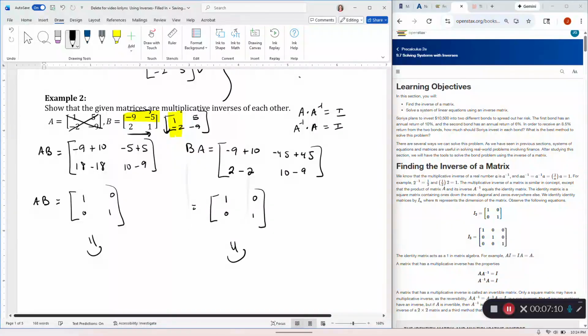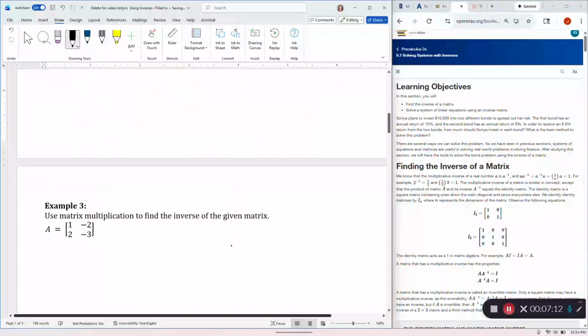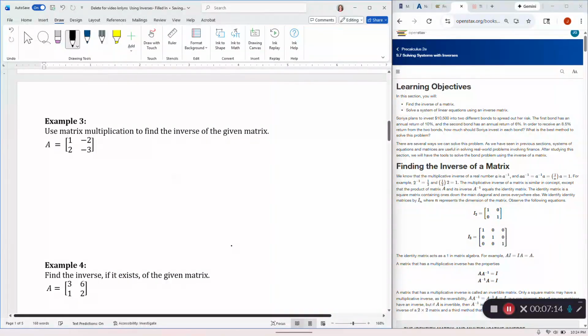Okay? All right. This one says use matrix multiplication to find the inverse matrix. I can actually find the inverse matrix a couple different ways. There's 3 different ways, actually. I'm going to show you 2. All right, first one is we're going to use matrix multiplication to do that.